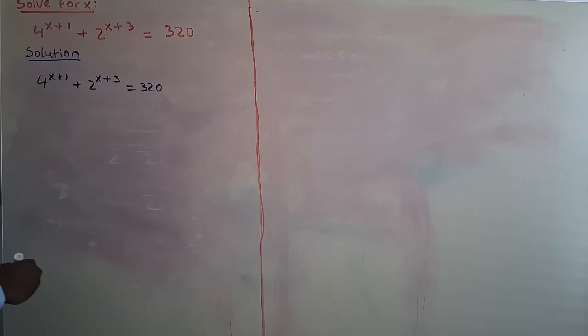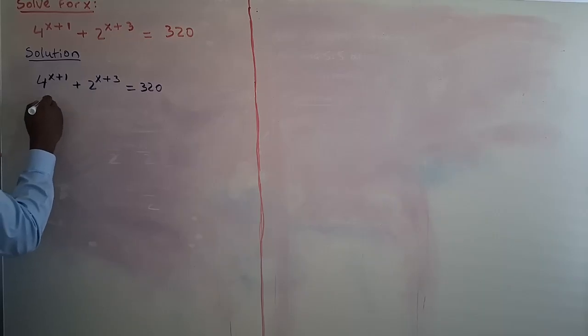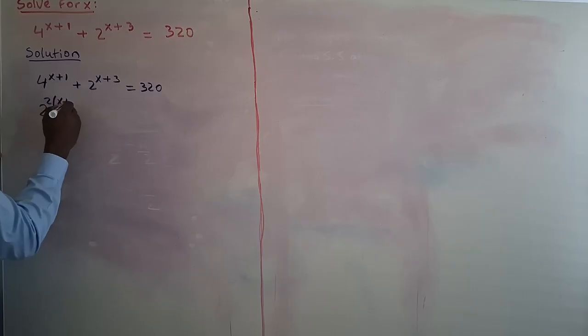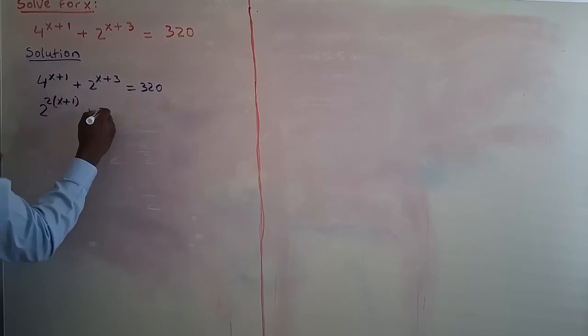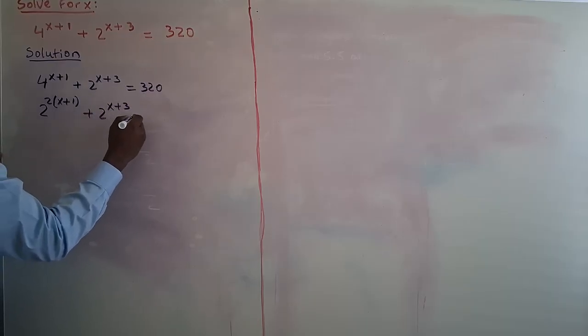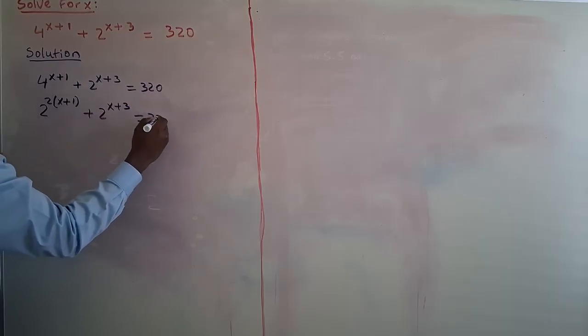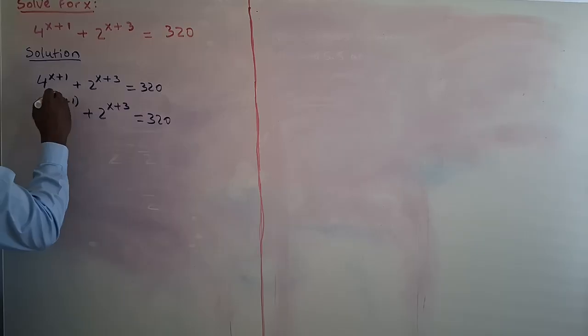Now, the first thing that we're going to do is write 4 as an exponential with base 2. So we can rewrite it as 2 raised to the second power. Then we have x plus 1 times x plus 1, plus 2 raised to the x plus 3 equals 320. Now, we are going to distribute the 2 to the x and to the 1.